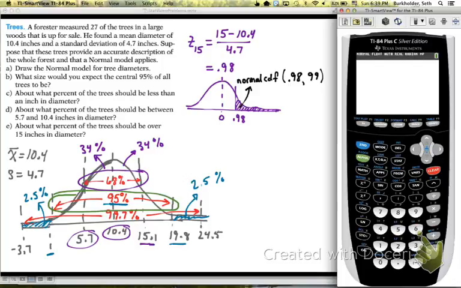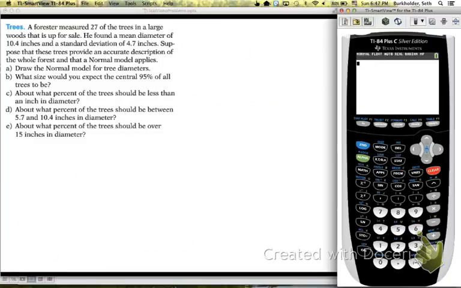We're going to lose our annotations here when I switch to the calculator, but we want to type in normalcdf from 0.98 to 99 standard deviations. So here we go. Say goodbye to our annotations. Let's switch over to the calculator. To get to the normalcdf, we want to go into the distribution menu, which we can see is found in the vars button, and that is right here.